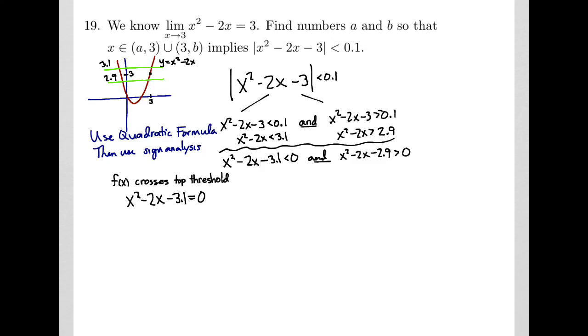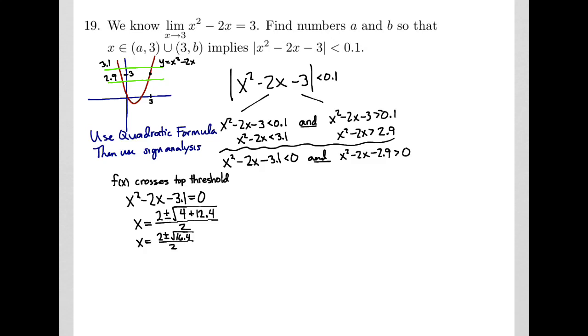So I need to solve the quadratic equation x squared minus 2x minus 3.1 equals 0, which gives me a solution x equals negative b, that's 2, plus or minus square root b squared is 4, minus 4ac is plus 12.4, all over 2a, so divided by 2. So I get 2 locations where I cross the top threshold, 2 plus or minus the square root of 16.4 divided by 2.